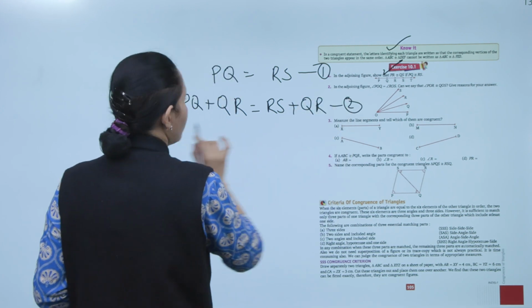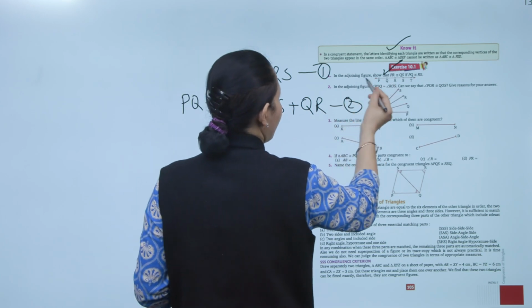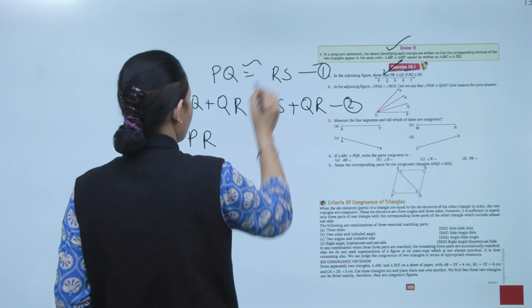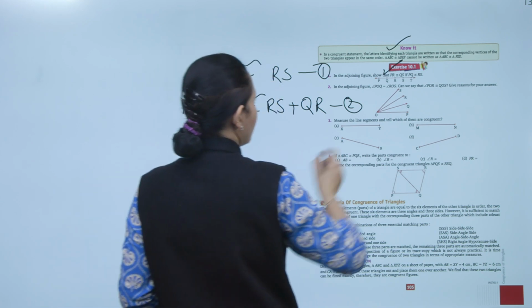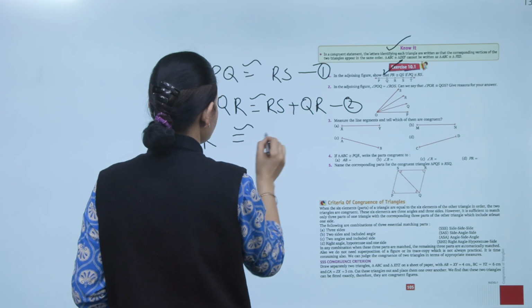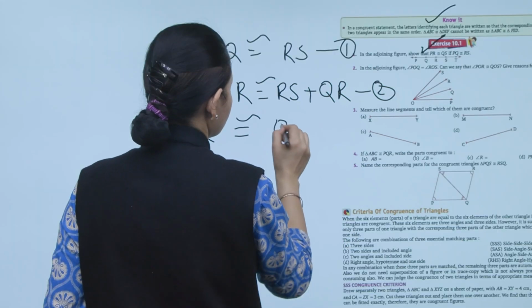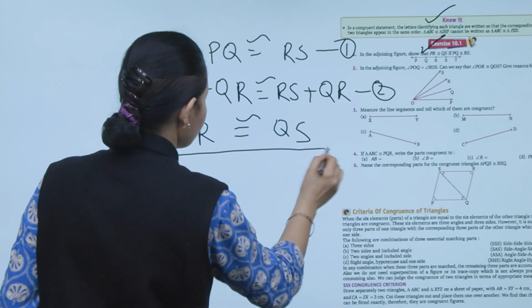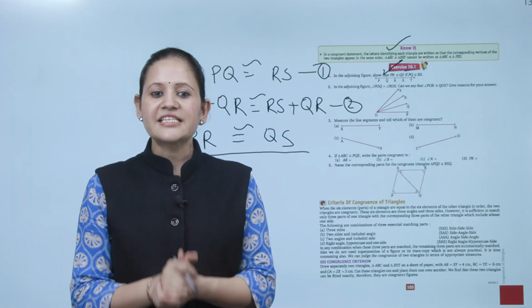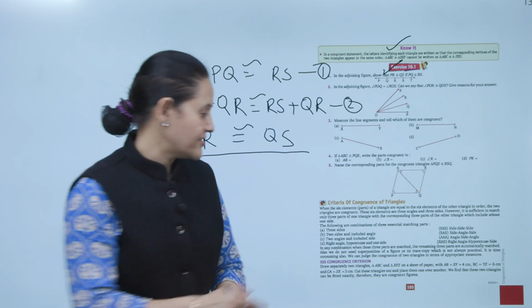So, PQ plus QR equals PR, and that equals QS. So, PR is congruent to QS. Clear?